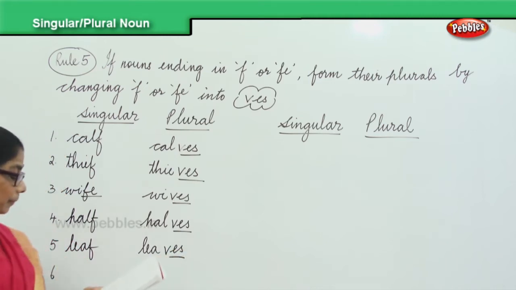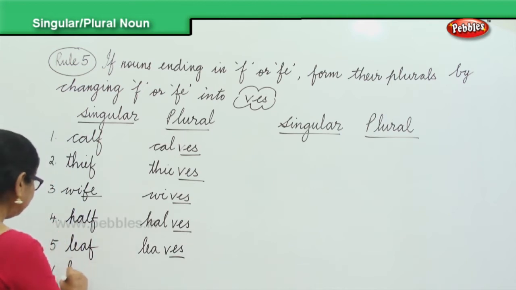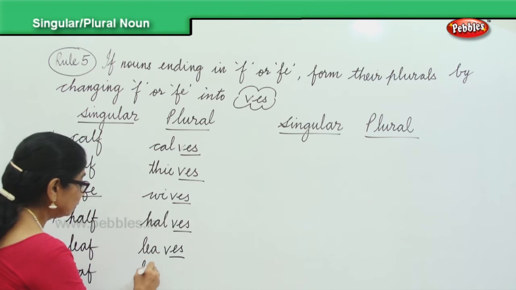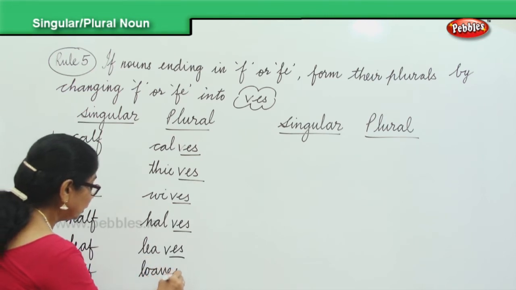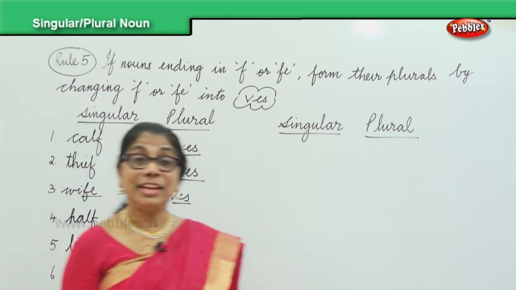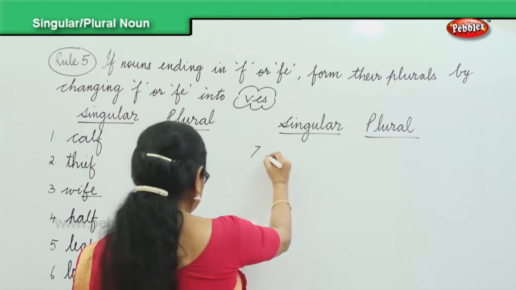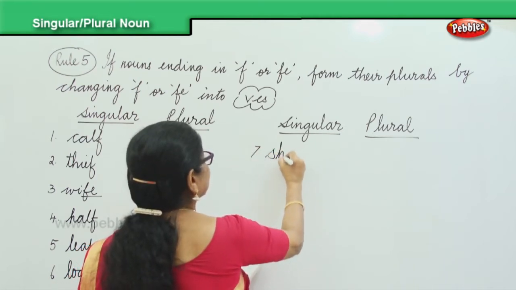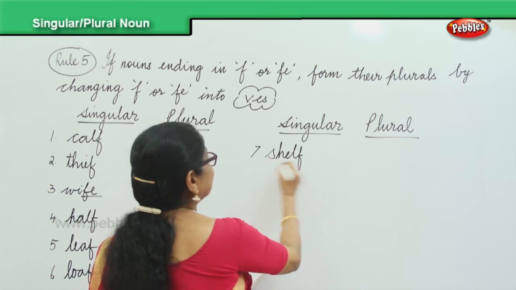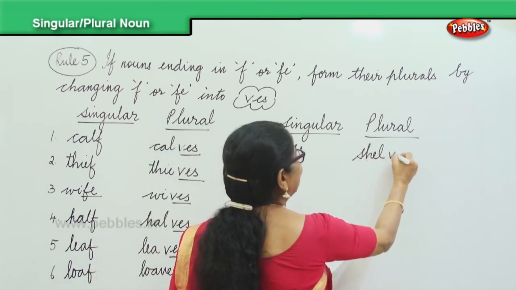Next, you have loaf. Loaf of bread. Loaves. Then, shelf. In your house, there are a lot of shelves, isn't it? Shelf. Shelves.